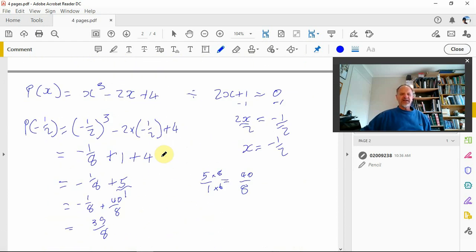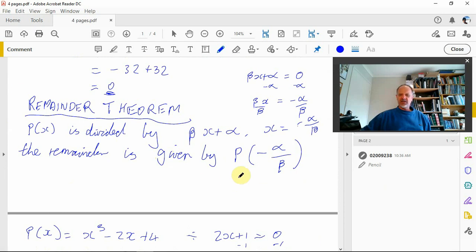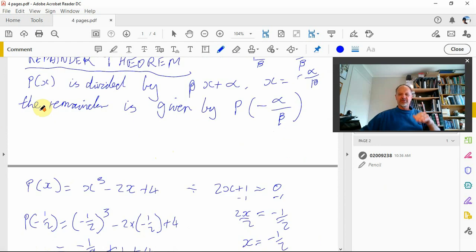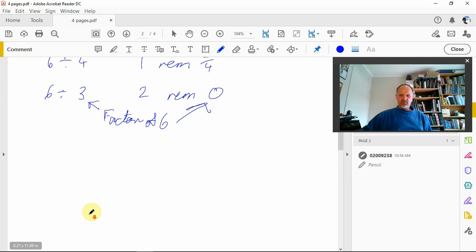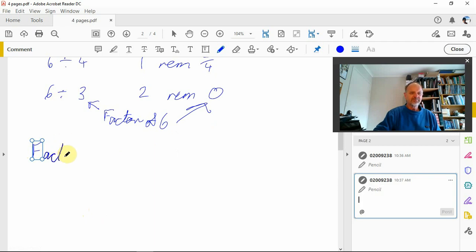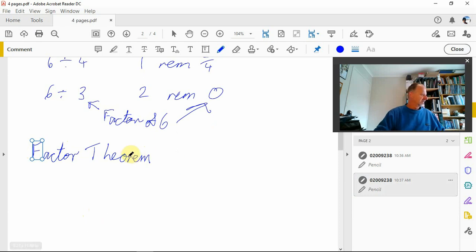All right, so the factor theorem is related very closely to the remainder theorem. In fact, it's kind of a subset of the remainder theorem. Find the remainder. If the remainder is 0, then what you've divided it by is a factor. All right, so the factor theorem says this mathematically.